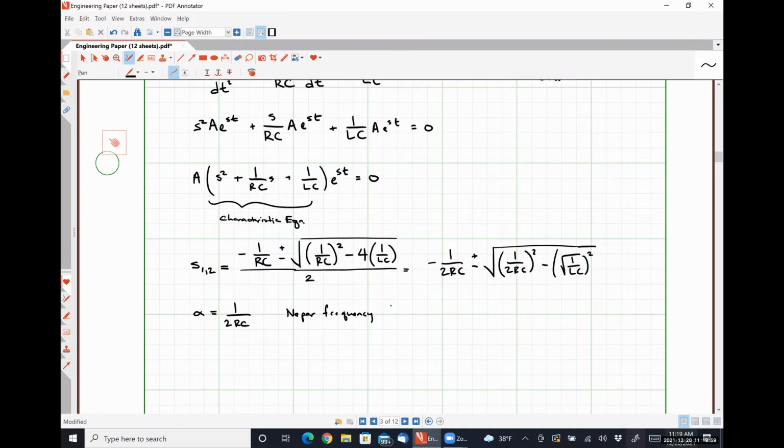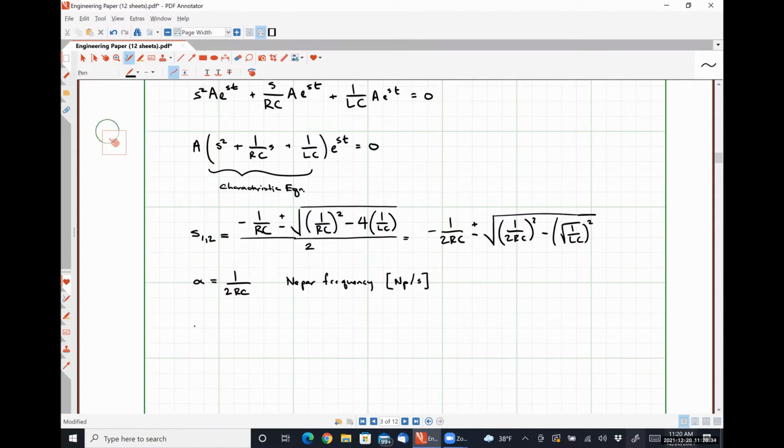So it has units of Nepers, which are a dimensionless quantity per second, and it represents the attenuation of our signal over time. So it is not the same thing as a time constant, but conceptually it is very similar. So it represents the decay of our signals in time.